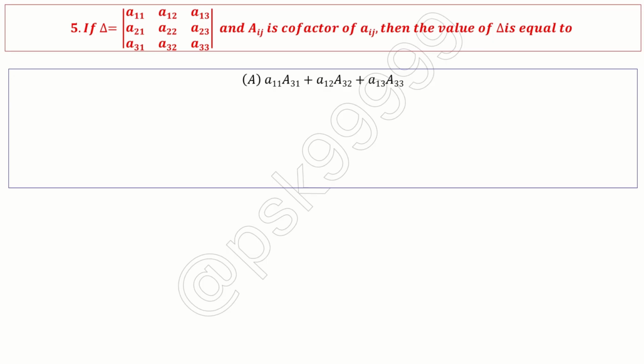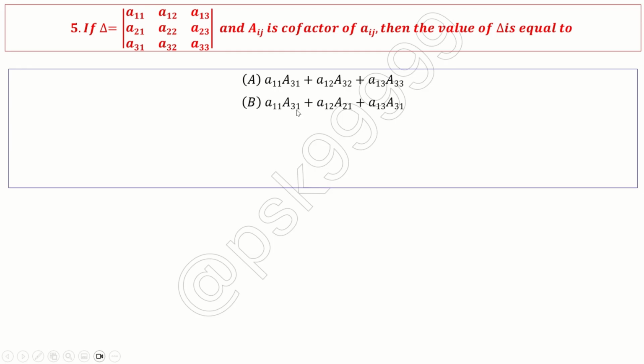Definitely it is not the determinant, but let's see what the value is. A11, A12, A13 multiplied with A31, A32, A33 respectively, which means you will actually get 0. Sorry, it's not determinant, the value is 0, because you are multiplying elements of one row with cofactors of another row. So this is 0.